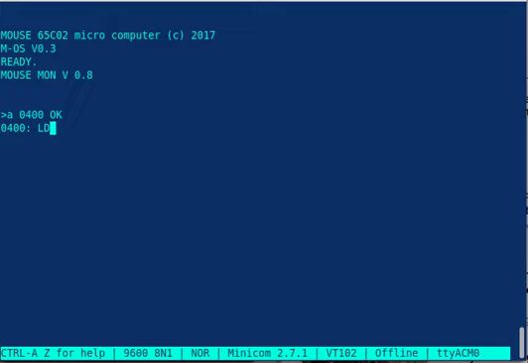So my first instruction is LDA immediate 0A. LDA means load accumulator. Accumulator is a register. I'm not at all au fait with a 6502 microprocessor yet, so I don't quite know what I'm doing, but I'm just following some code I found on YouTube, which is always a good place to start.